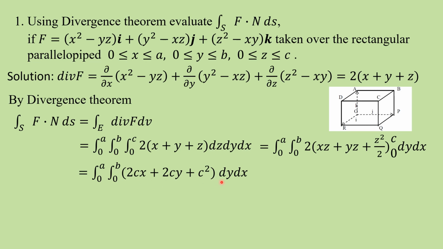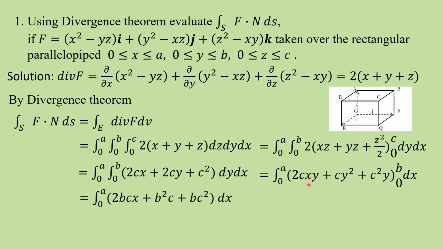Now this we have to integrate with respect to y between the limits 0 to b, treating x as constant. So that gives 2cxy plus 2cy square by 2, the 2 gets cancelled, cy square plus c square y. Apply the limit 0 to b, upper limit minus lower limit, so that simplifies to 2bcx plus b square c plus bc square, which finally we have to integrate with respect to x between the limits 0 to a.